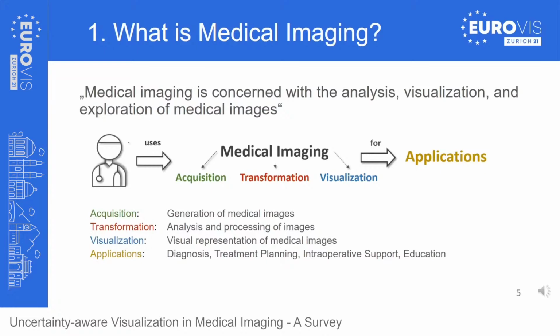Medical imaging itself separates into three major categories, which is acquisition, which means the generation of medical images, the transformation, which is the analysis and processing of images, and the visualization part, which is finding a visual representation of medical imaging. Applications can be broadly separated into four categories, and those are diagnosis, treatment planning, intraoperative support, and education.